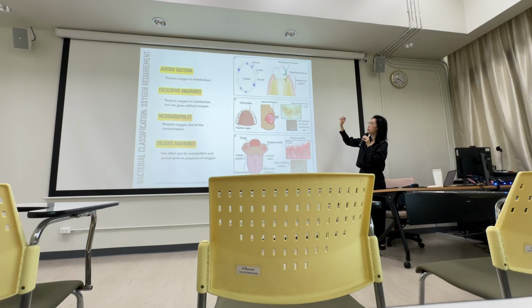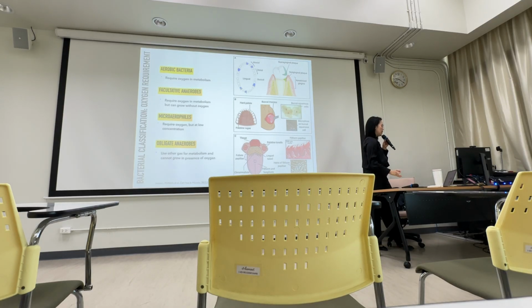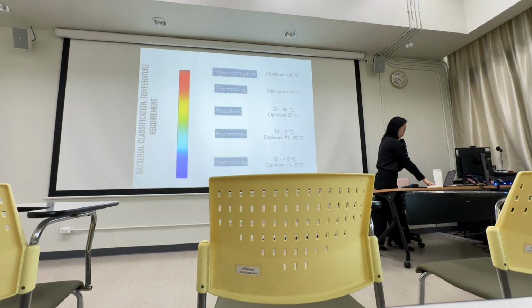So the group of microbes changes because different types of microbes need different volumes of oxygen, right? So this area of our oral cavity can provide varieties of oxygen concentration. This type of classification is quite important for us to know too.